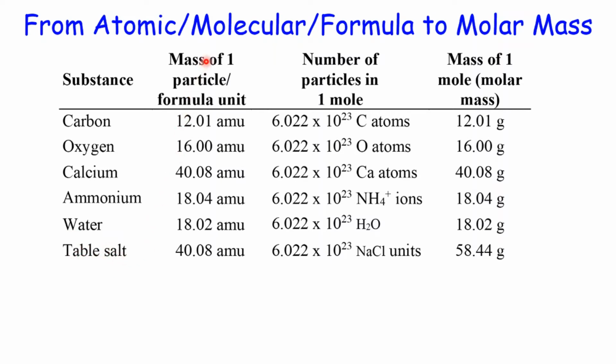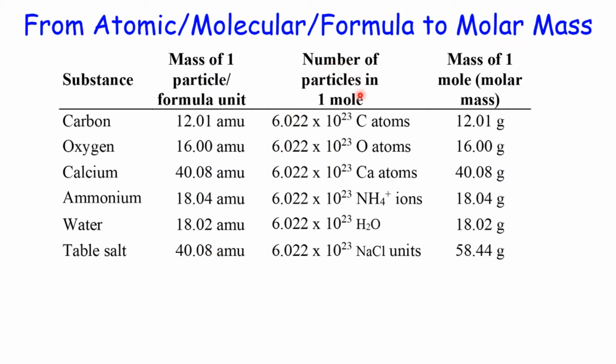And then the mass of each: the mass of 1 carbon atom, 12.01 AMU, the mass for 1 ammonium ion is 18.04 AMU, the mass for 1 water molecule, 18.2 AMU, the mass for 1 NaCl formula unit is 40.08 AMU. So the mass of 1 particle for our formula unit.